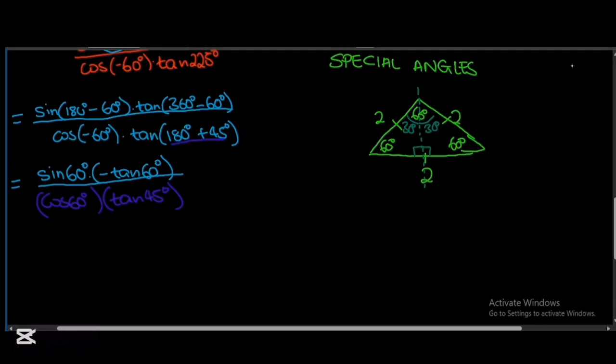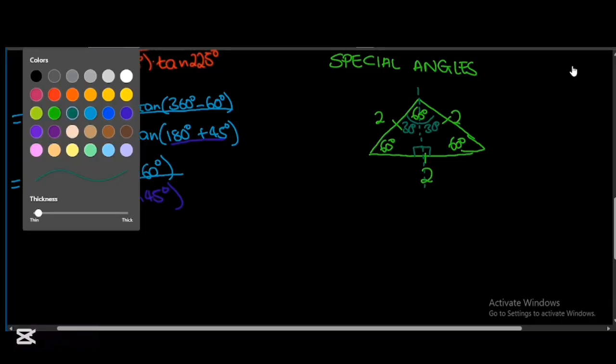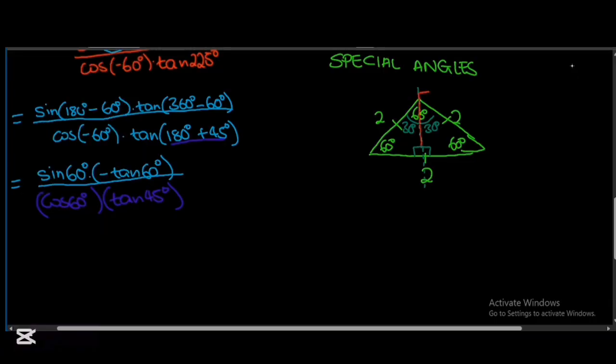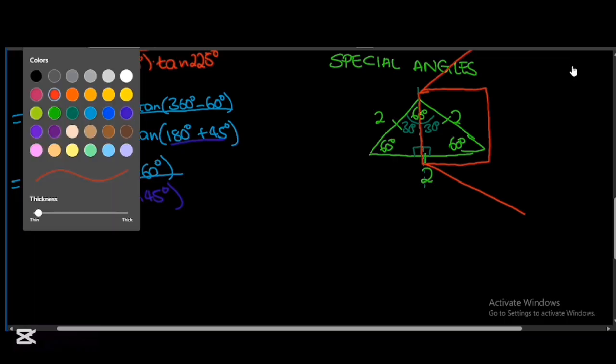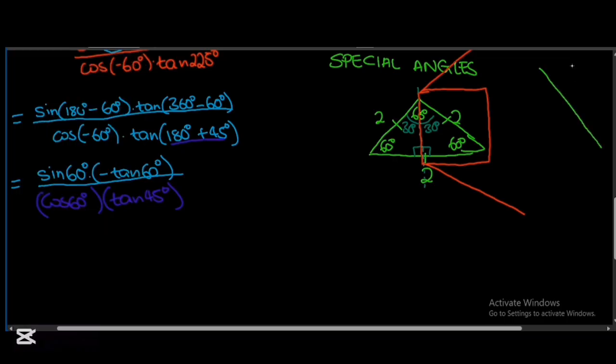So I'm going to take this side of this triangle and draw it here. We'll have 2 units like this. Remember, we divided this side equally, so we had this long side equal to 2.